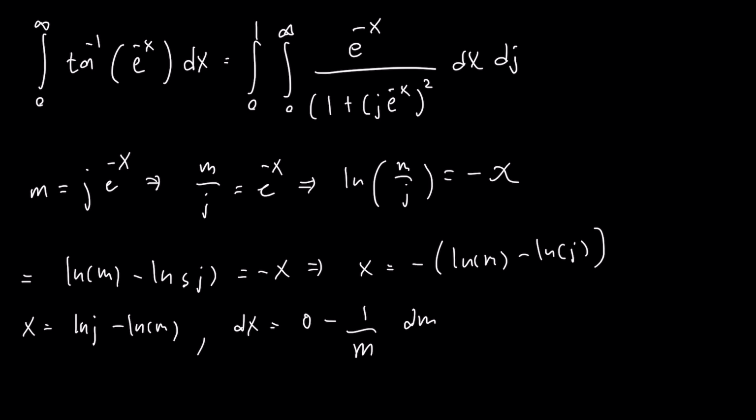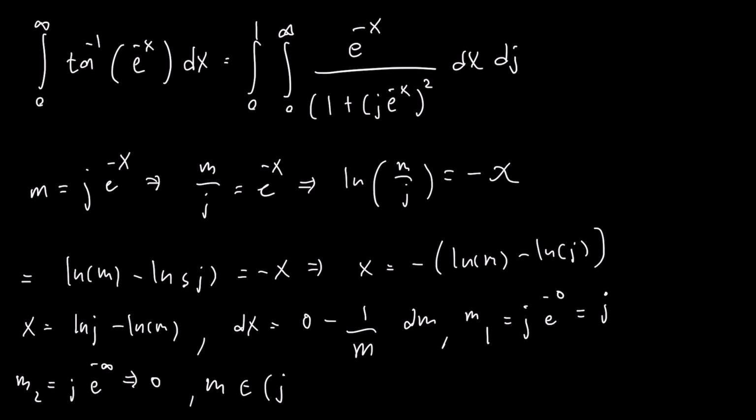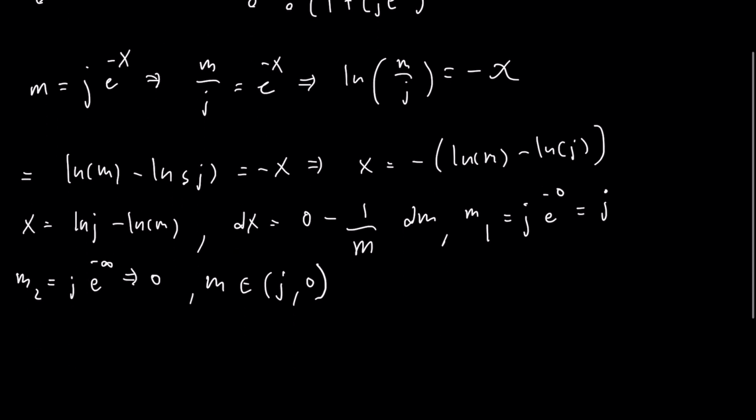And m sub 1 will be j e to the minus 0, which will be j, and m sub 2 will be j e to the negative infinity, which is approaching 0. So m is from j to 0. Okay, so we have everything we need to make the substitution.